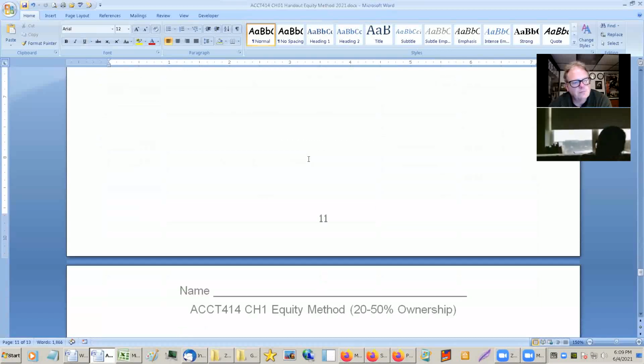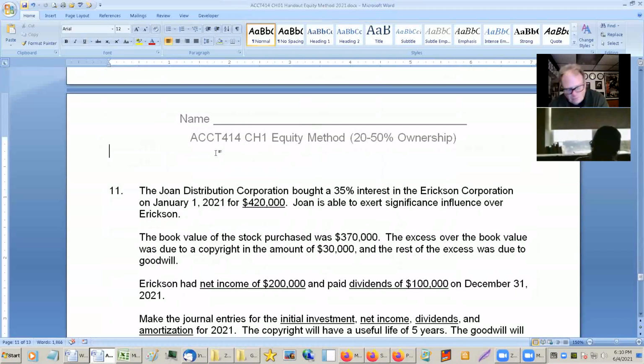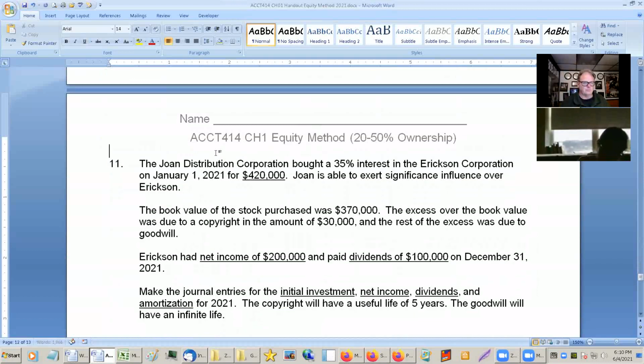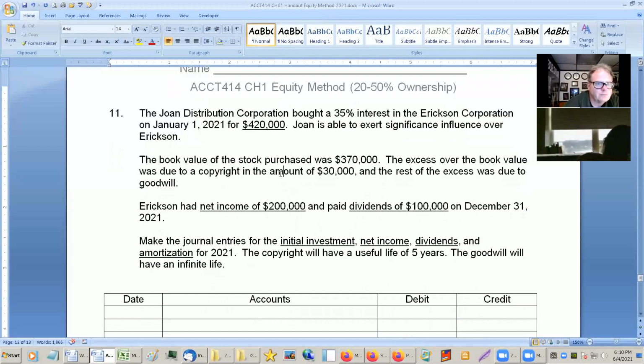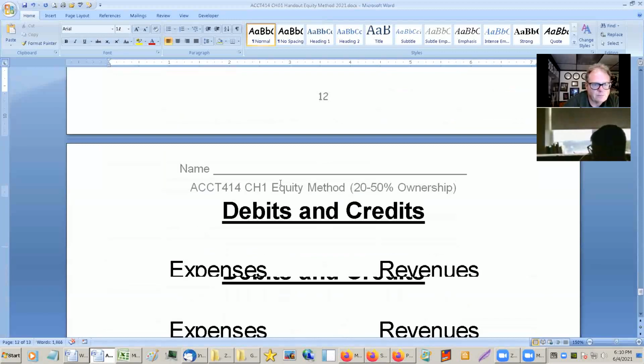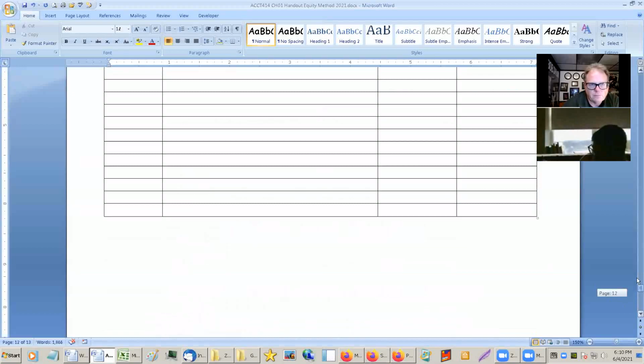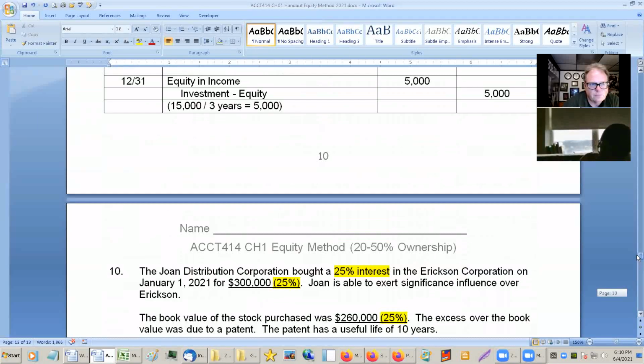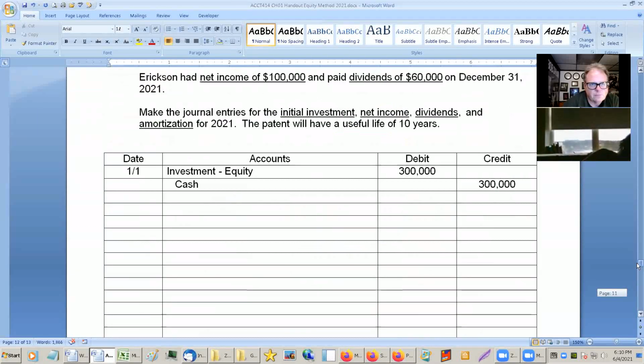Okay, so investment equity, so dividends would be, net income would be 25% of 60, so 15,000. So for dividends at the end of the year, debit cash, and then credit investment equity, 15,000.